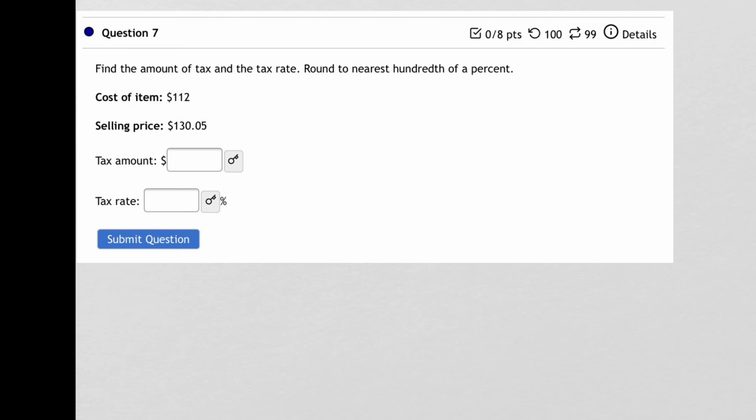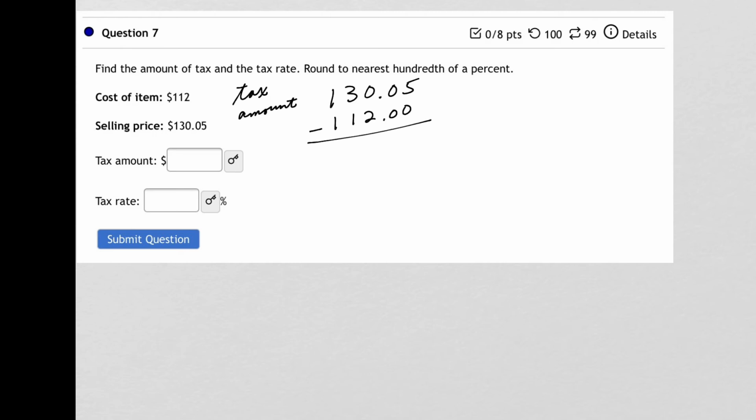So this is going to be the tax amount. It's going to be 130.05 minus 112.00.